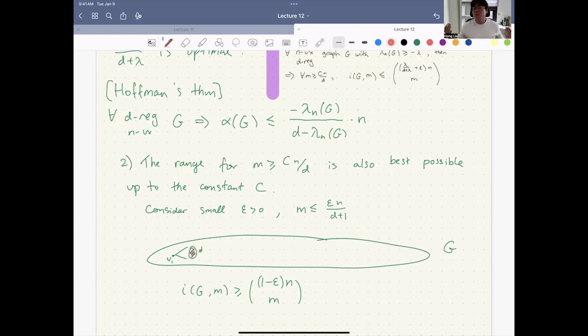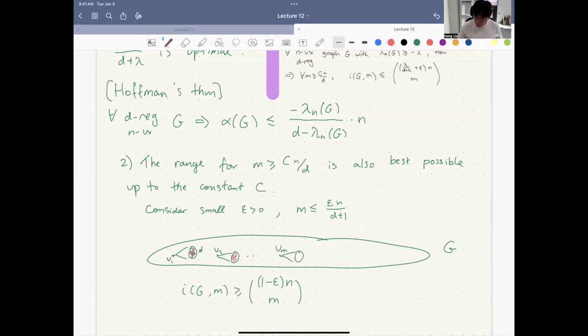You can pick whatever v1 you want. Now you pick whatever v2 you want, you remove its neighbors. Then v1, v2, of course, in this way, it's an independent set because every time I remove the neighborhood of the previous vertex, and so on, up until you choose vm.